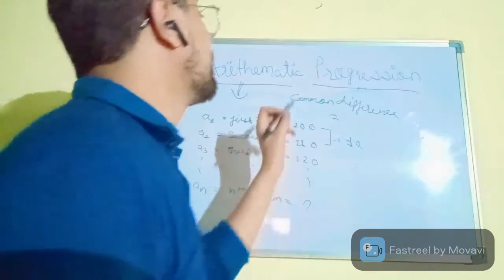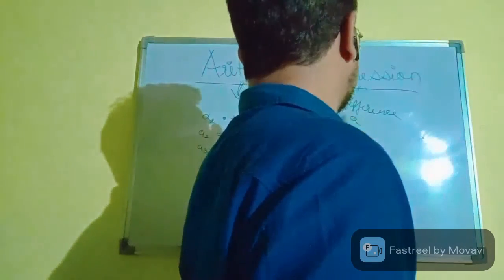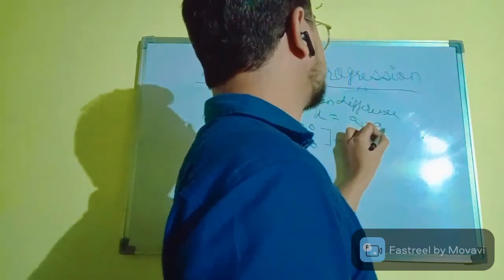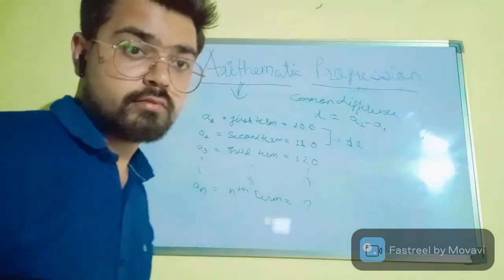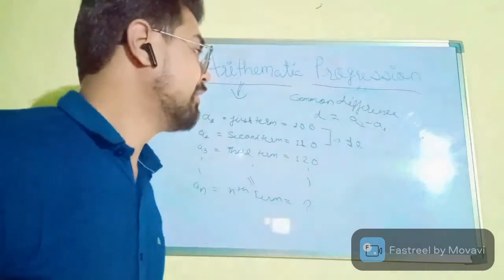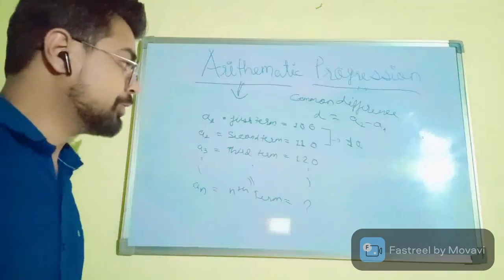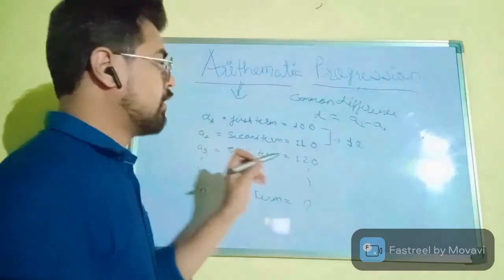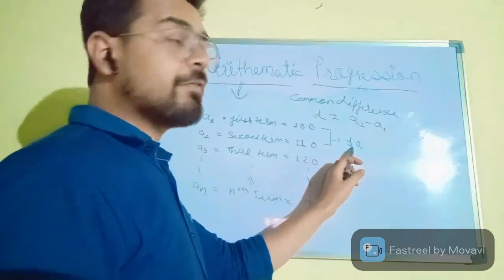It is denoted by D, and which is equal to A2 minus A1. Simple. Now it becomes very simple. So now we see that 10 is the common difference here.